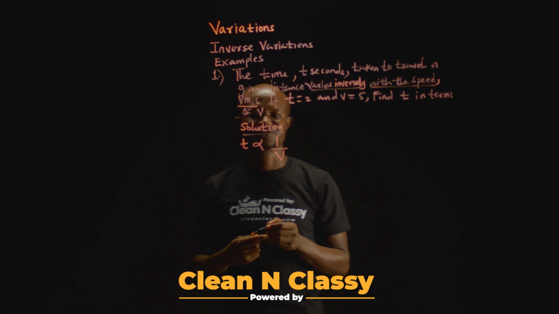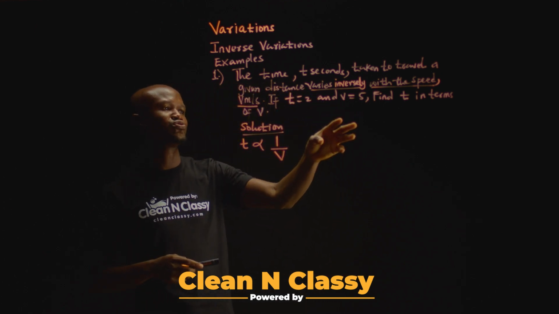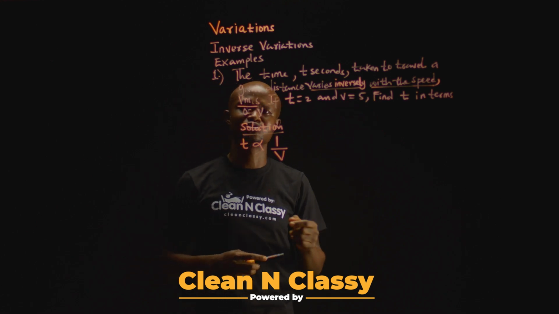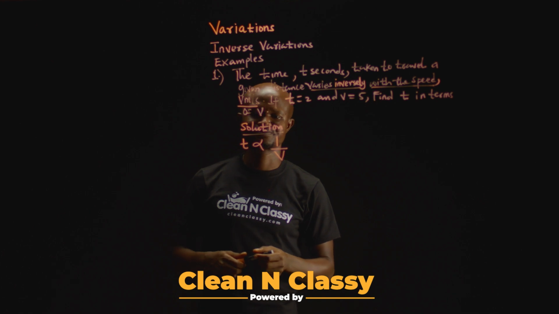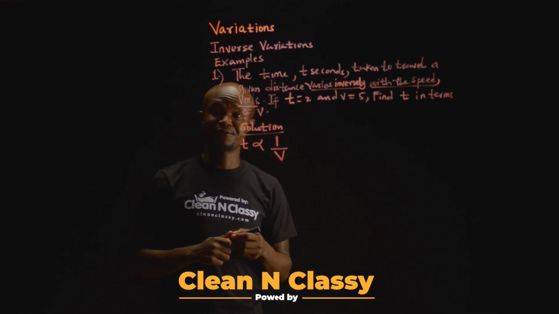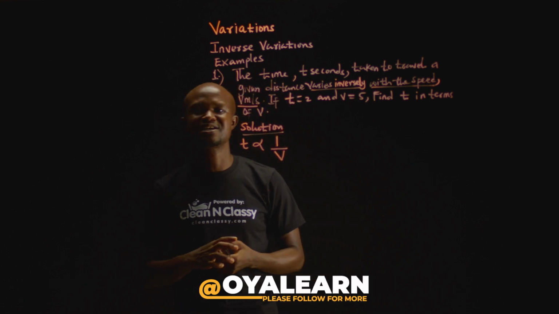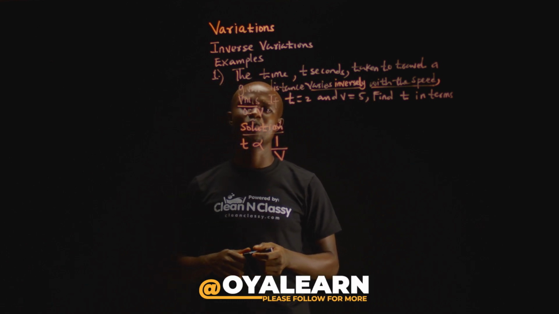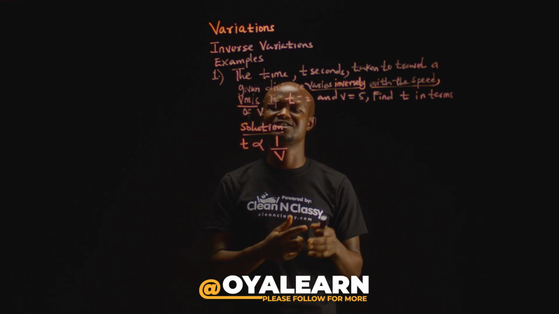So in that case, if t equals 2 and v equals 5, find t in terms of v. Now, the first thing to do is to remove the symbol. Now, we introduce the constant of proportionality.